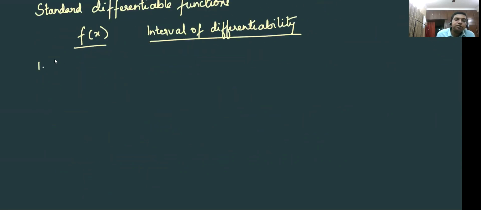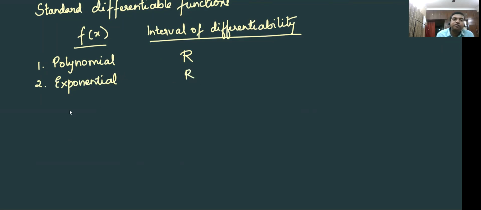First is polynomial. Its interval of differentiability is R. Second, exponential. Exponential function is also differentiable on R. Any algebraic polynomial is a differentiable function.